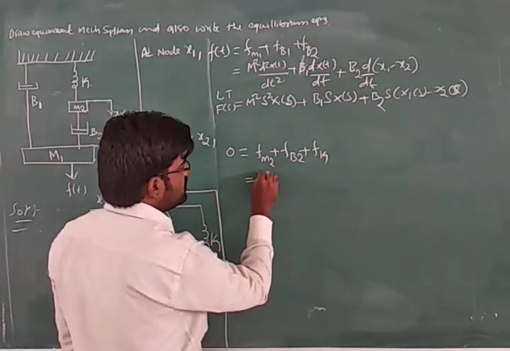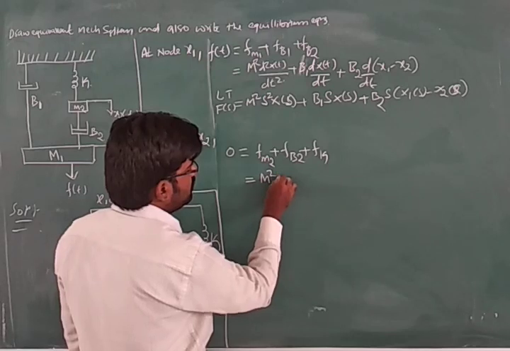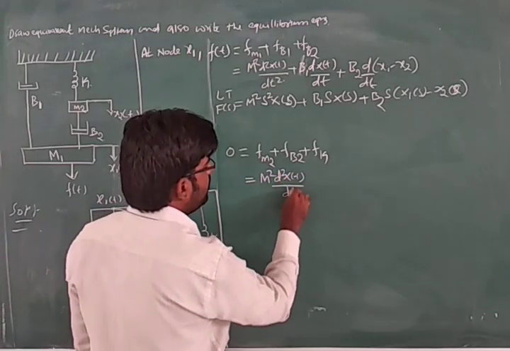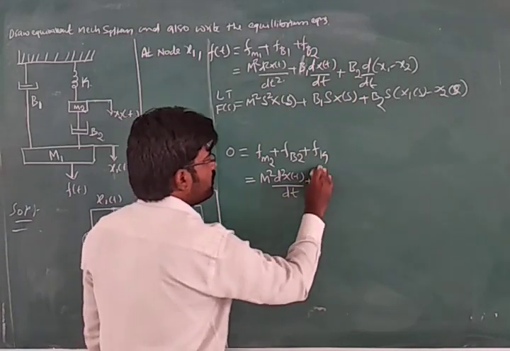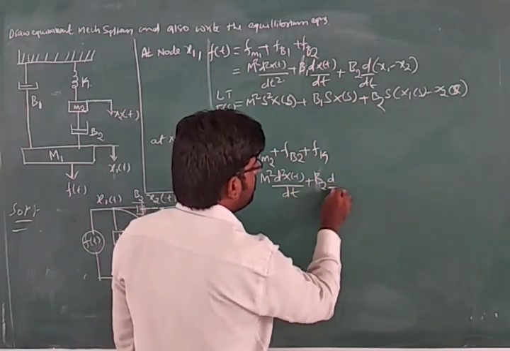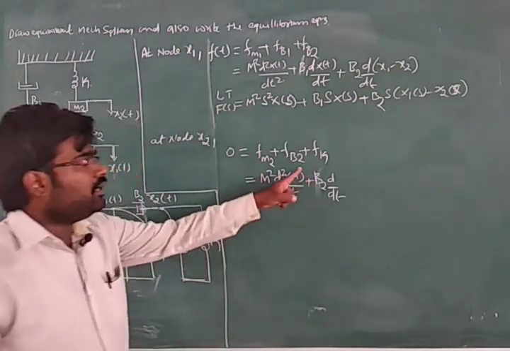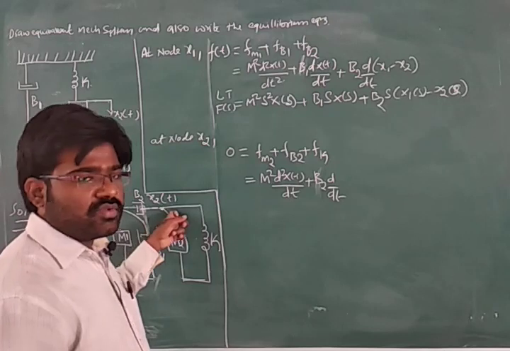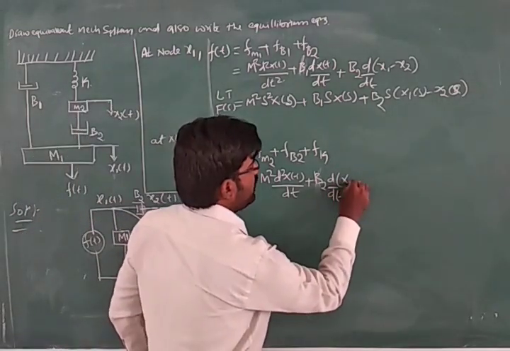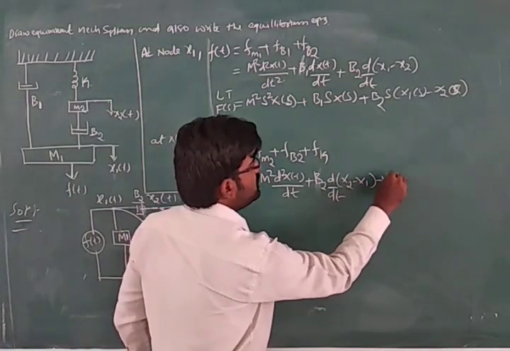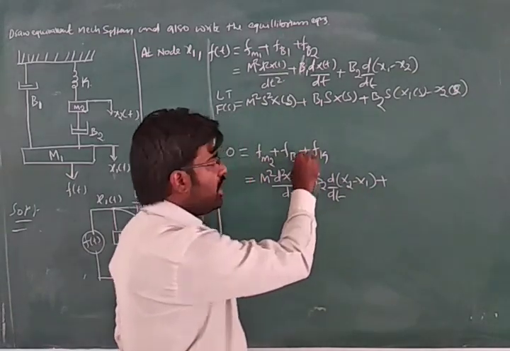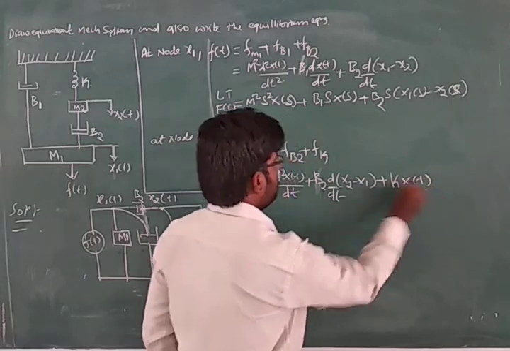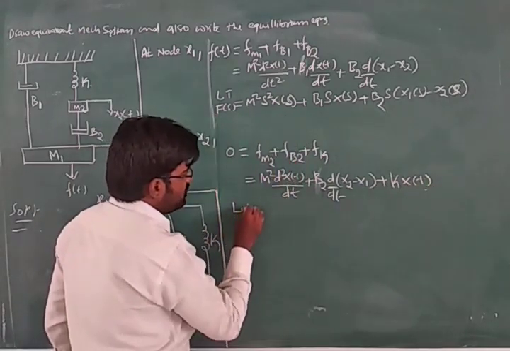This is further written as m2 d square x2 of t divided by dt square plus b2 into, again, now tell me what will be the displacement here with respect to x2 we are writing. It will be x2 minus x1, plus the force acting due to the spring can be written as k into x2 of t.